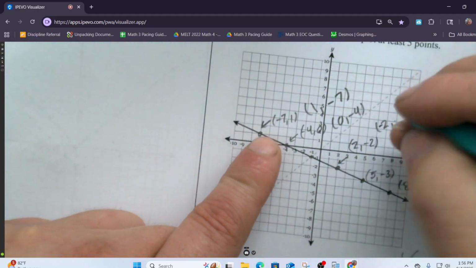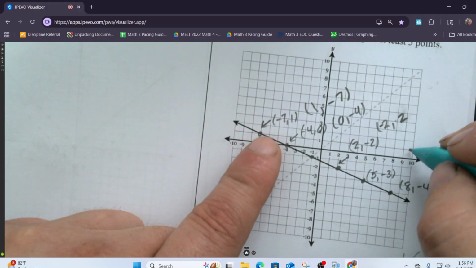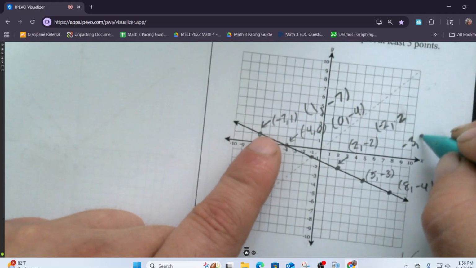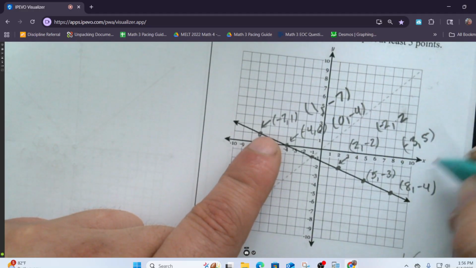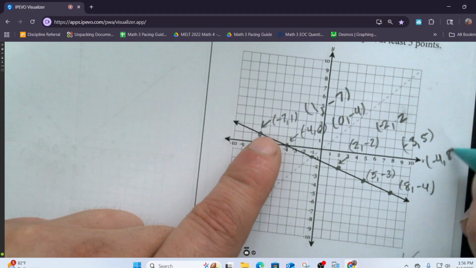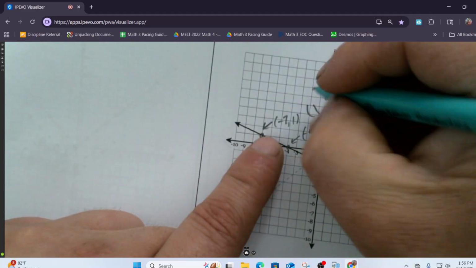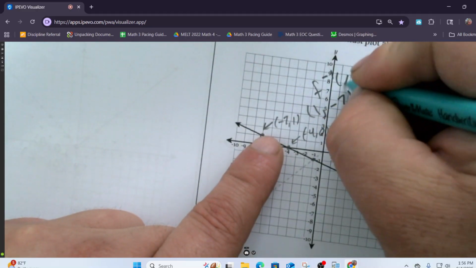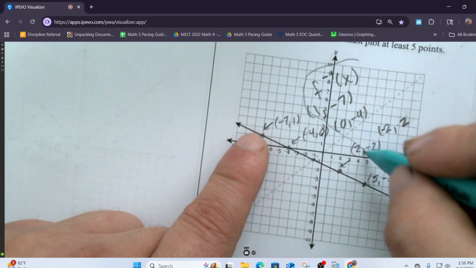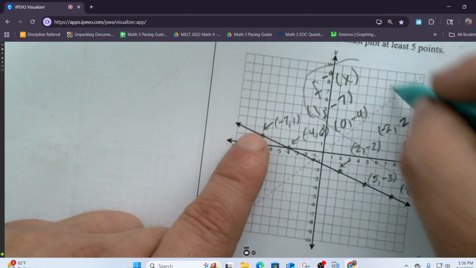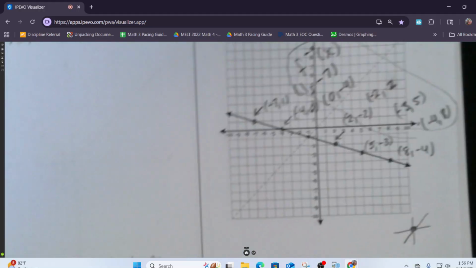And then you would plot these 5 inverse points. So your inverse would be the original one flipped. Okay.